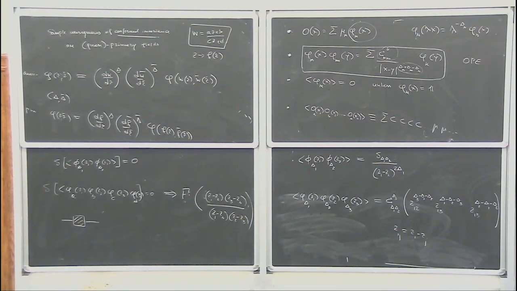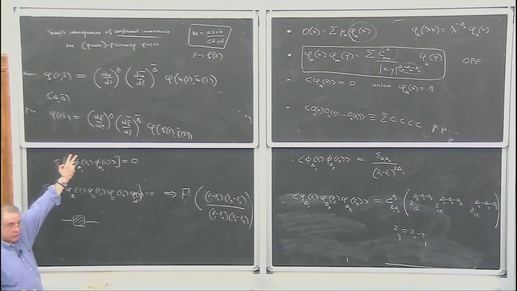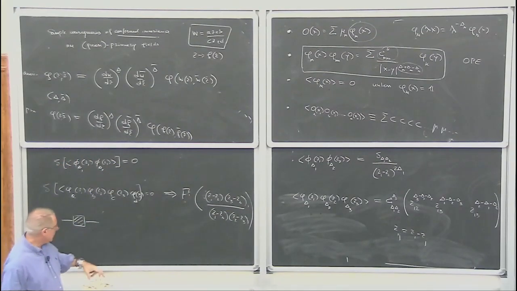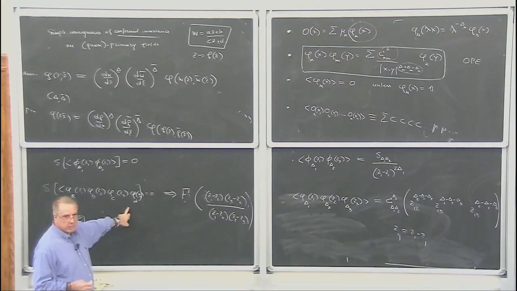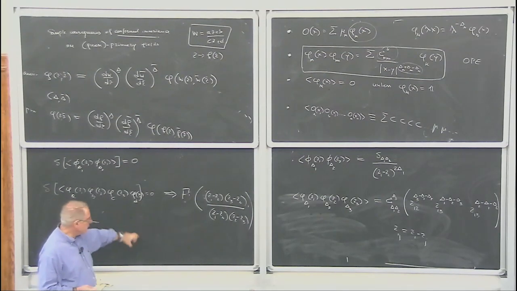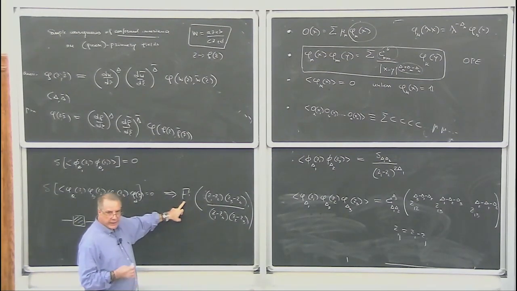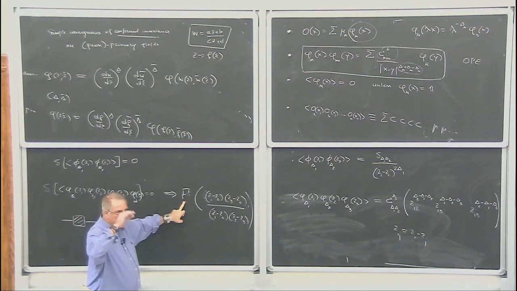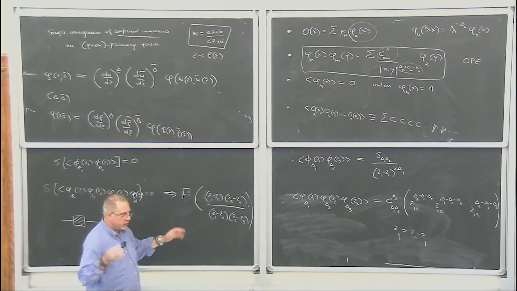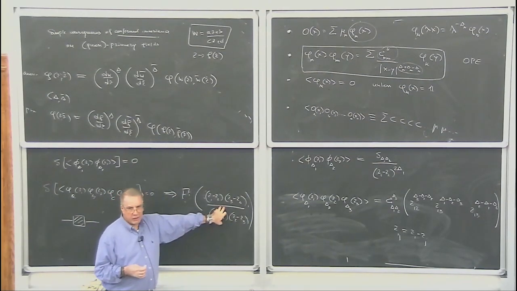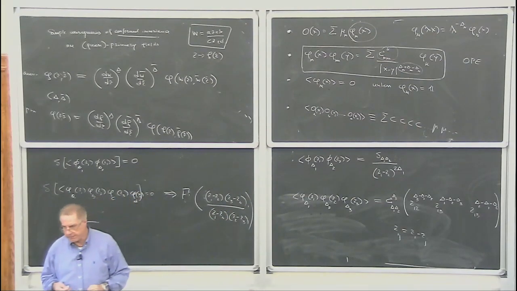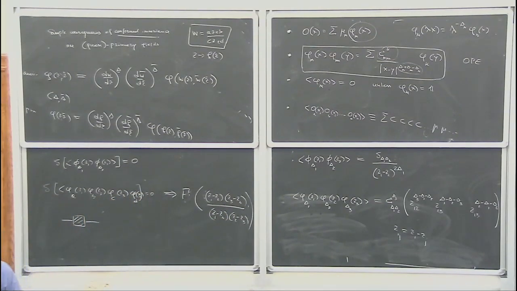Okay? Since what you are expressing with this variation equal to 0 is the symmetry with respect to that transformation, for the 4-point function, the most that the theory can tell you is that this function cannot depend on Z1, Z2, Z3 in the most crazy way, but should depend only on the invariants of the group. If you apply a Möbius transformation to those ratios, they do not change.